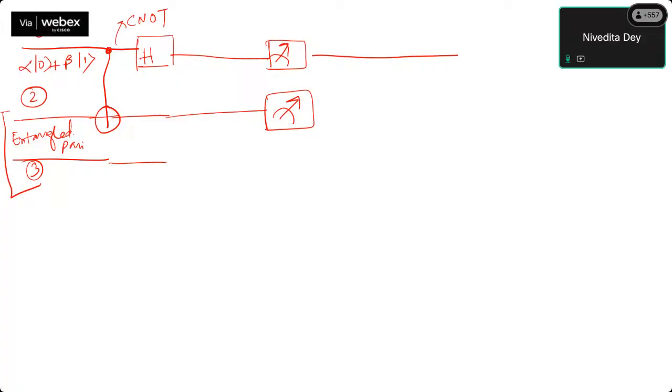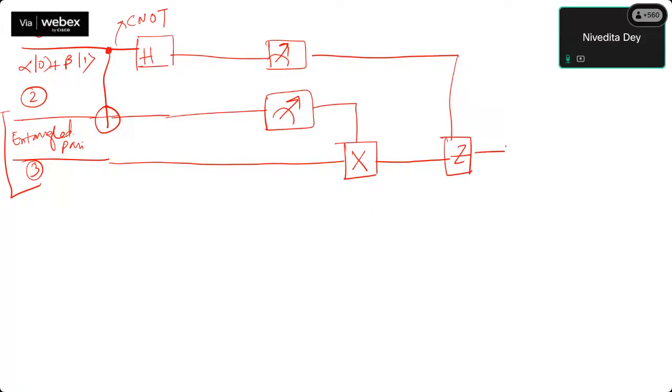And the third one will go till this part, and based on this outcome it will first enter a Pauli X gate as per the outcome, then it will go to a Pauli Z gate, and after that we will receive the quantum state psi, which is initially the alpha 0 and beta 1.